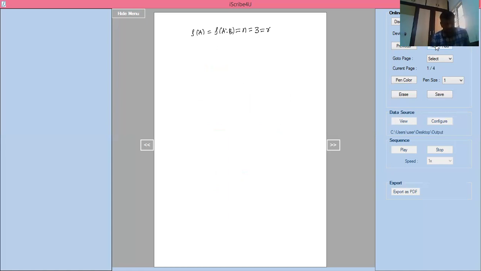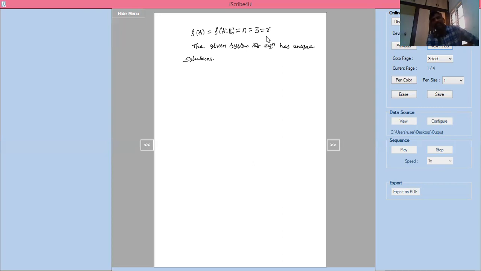So the given system of equations has unique solutions. Why? Rank of A equal to 3, rank of A is to B is also 3, that equal to number of variables is also 3. N equal to 3, R equal to 3.